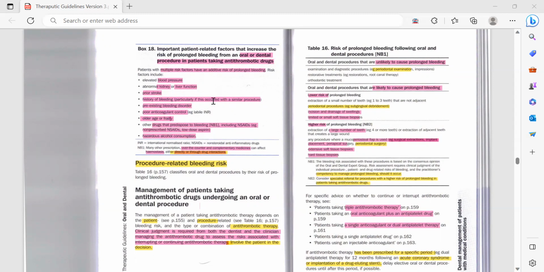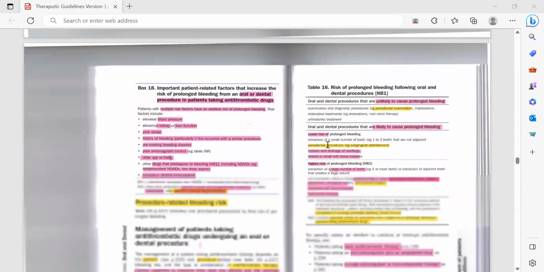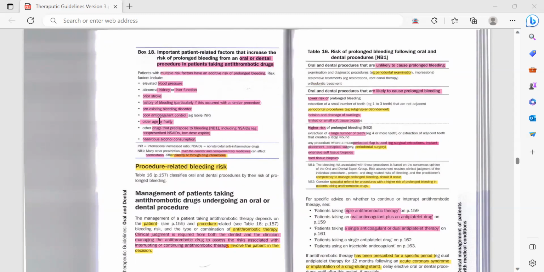Okay, so first you need to find out which drug he is taking, then you need to find out if the patient has any of these risk factors in his medical history or in his general history. Then you need to consider which procedure you are going to do today for the patient.